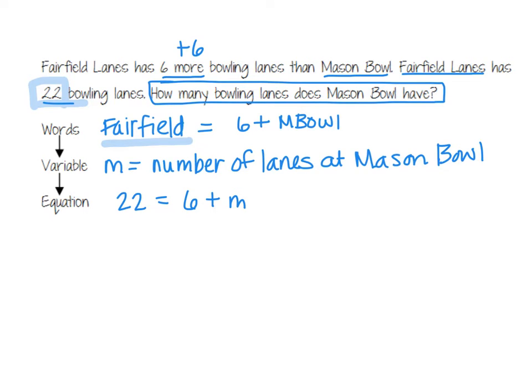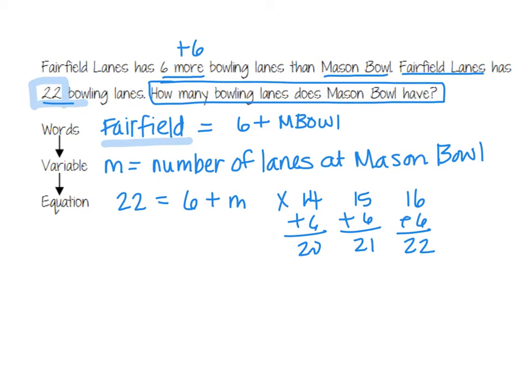6 plus something will give me 22. I wonder if it's 14. Well, 14 plus 6 will give me 20. So that's not right. What about 15? 15 plus 6 will give me 21. What about 16 plus 6? That will give me 22.